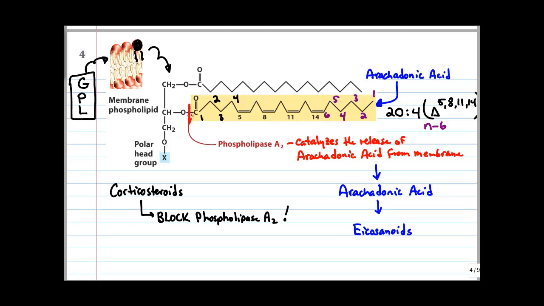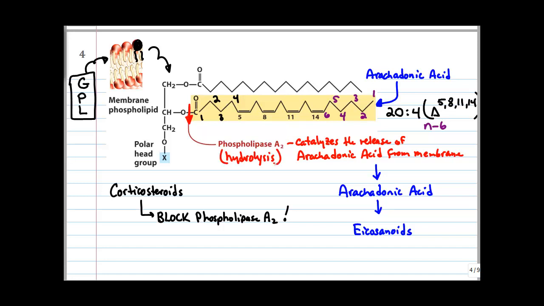So phospholipase A2 comes along and cleaves the ester bond and releases arachidonic acid from the membrane. It is released as arachidonic acid. In fact, it does this through a process called hydrolysis, and we already know all about that. But this is enzyme catalyzed hydrolysis.